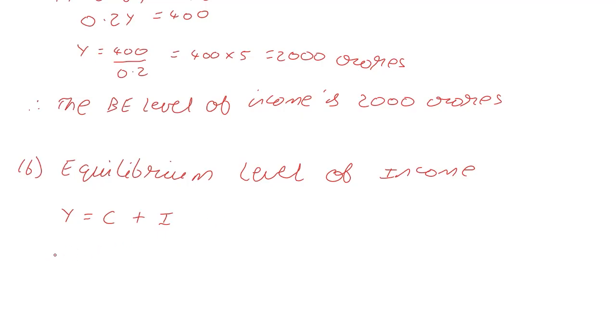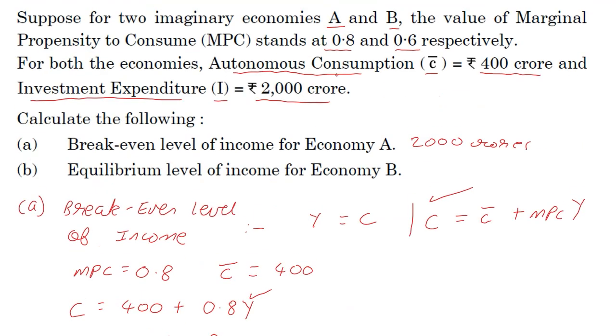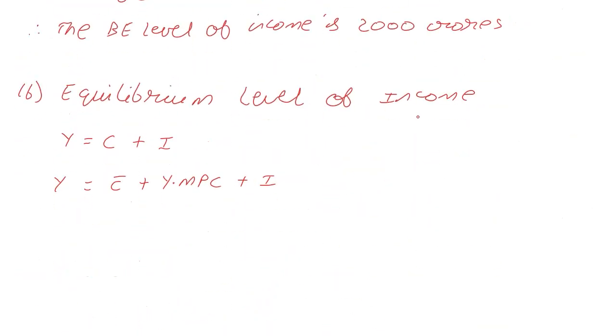But remember, C itself, we have a formula, which is C bar plus income into the marginal propensity to consume, plus I. Now we can substitute. As far as economy B is concerned, the autonomous consumption is 400, investment expenditure is 2000.